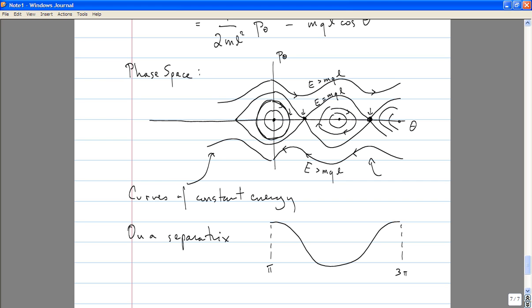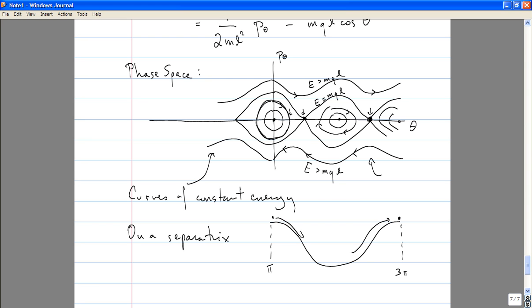Well, it starts up here with an energy that is exactly equal to MGL, a very precisely balanced configuration where the pendulum starts up here hanging exactly up, and then it swings down and it goes back exactly up. And it actually takes an infinite amount of time to get all the way back up to the top. So it doesn't actually oscillate. It rolls down and then it goes back up and takes an infinite amount of time to get back up to the other end.